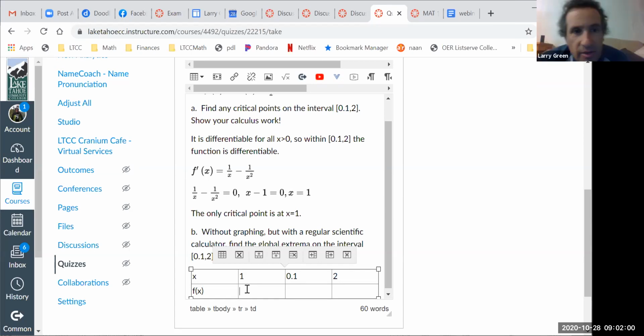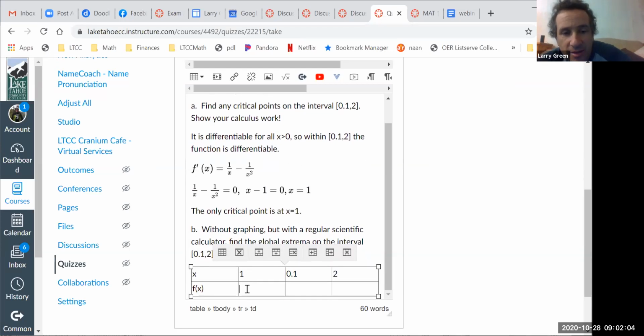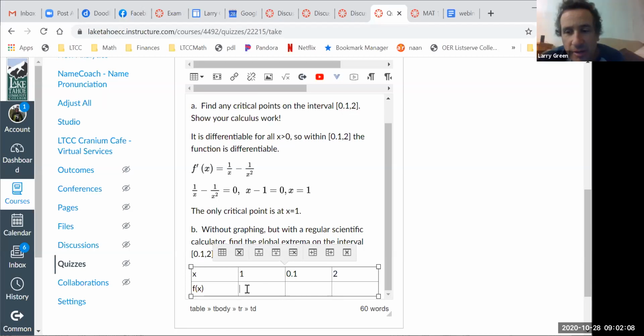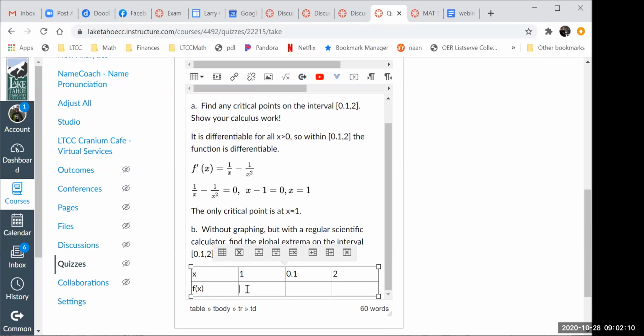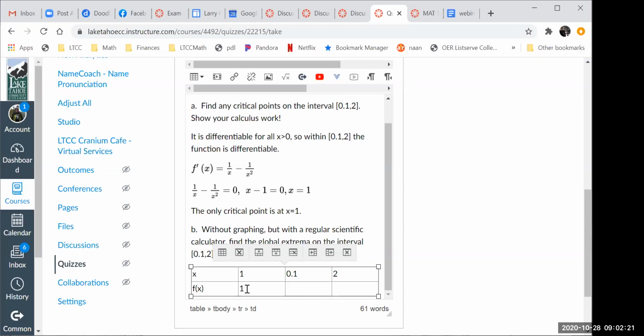Now remember we have ln of x plus 1 over x. So 1 I can do in my head. ln of 1 plus 1 over 1 is 1, because ln of 1 is 0, and 0 plus 1 over 1 is just 1.